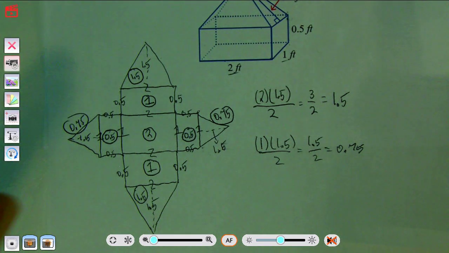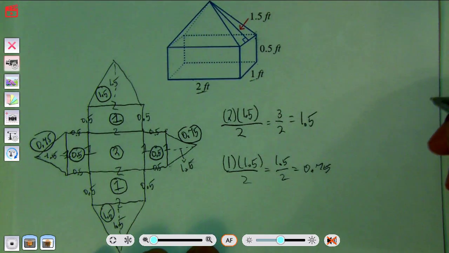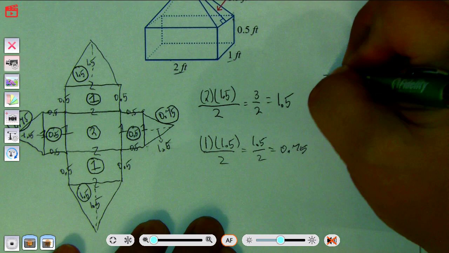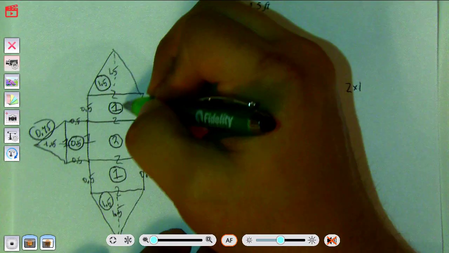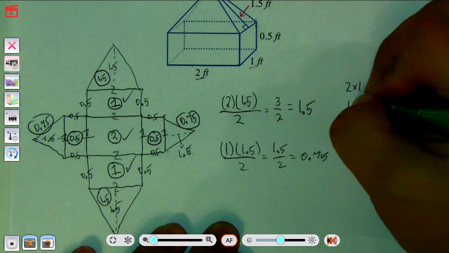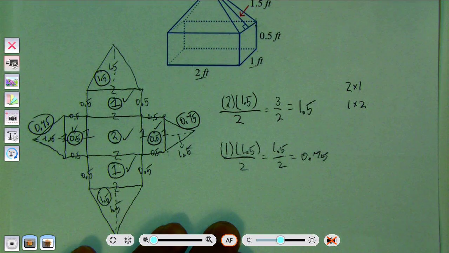And now we've got to bring all of that together. So we have 2 1s. So 2 times 1. We can check that off. We have 1 2. We have 2 0.5s.